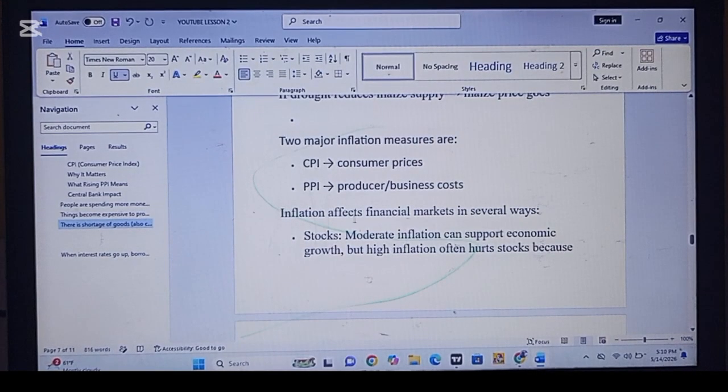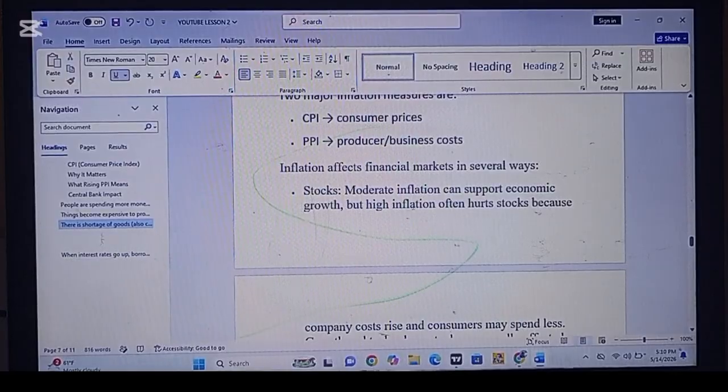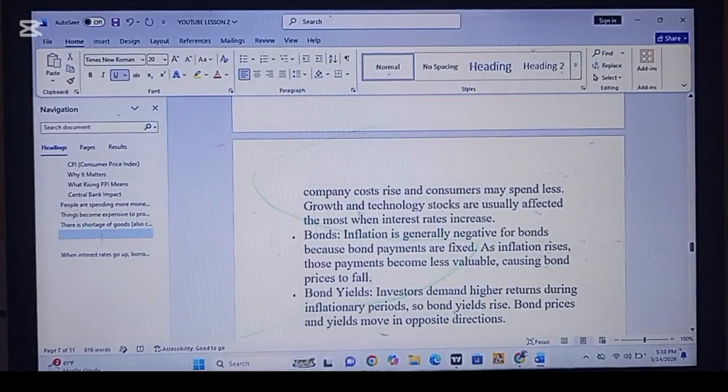So how does inflation affect the stocks? Just a moderate inflation, not a high one, like the price has just come from 60 maybe to 62, 63. That's just moderate inflation, so it can support economic growth. That one does not hurt the economy. But high inflation often hurts stocks because company costs rise, and consumers may spend less.